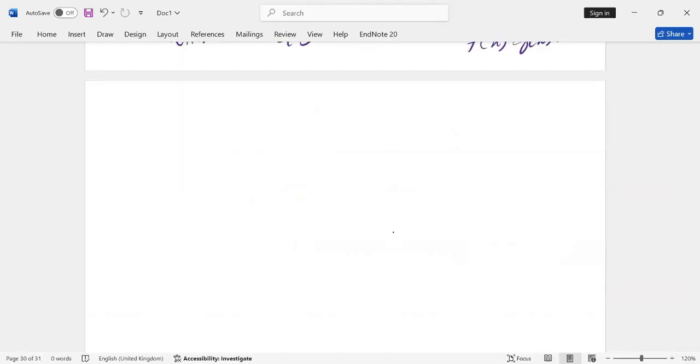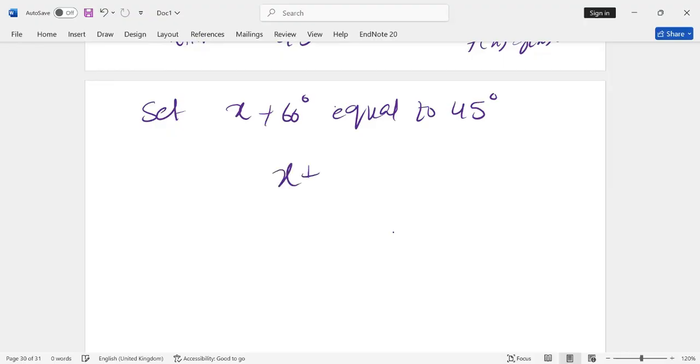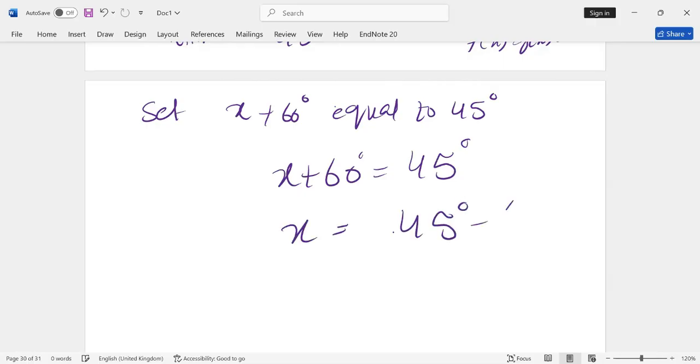Now, set x plus 60 equals 45. So I'm writing over here x plus 60 degrees equals 45 degrees, and x equals 45 degrees minus 60 degrees, and the answer is minus 15 degrees.